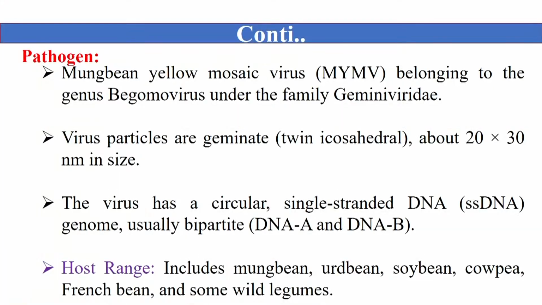The pathogen, as I have told you, is a viral pathogen, yellow mosaic virus, belonging to the genus Begomovirus under the family Geminiviridae, and it is a single-stranded DNA virus. The host range includes mung bean, urd bean, soybean, cowpea, French bean, etc.